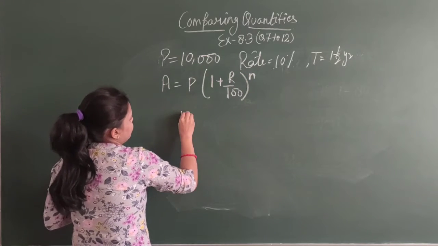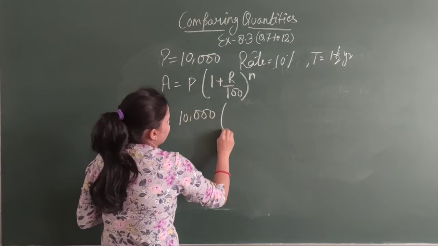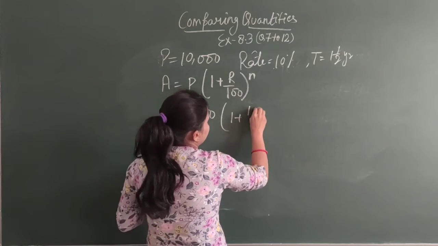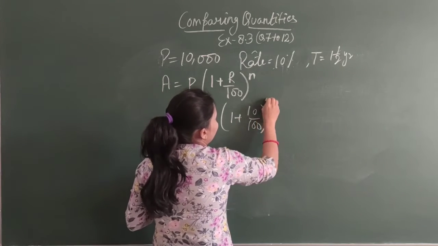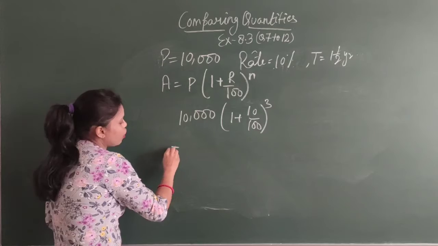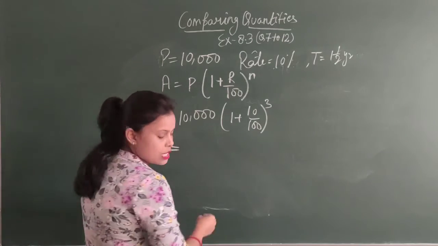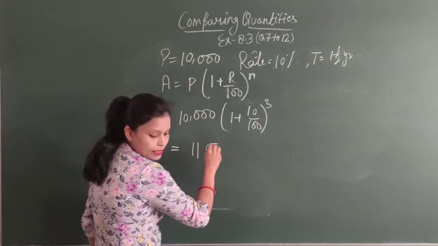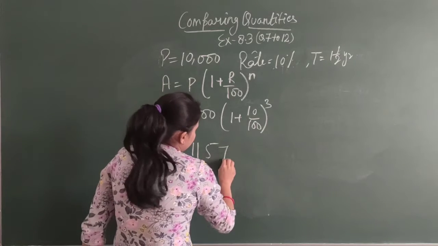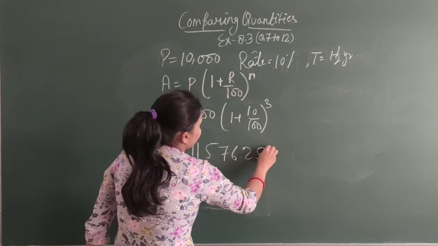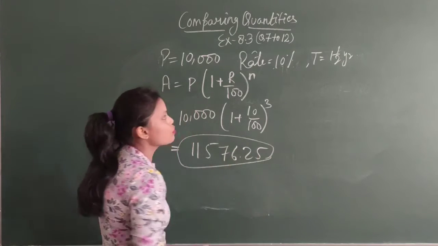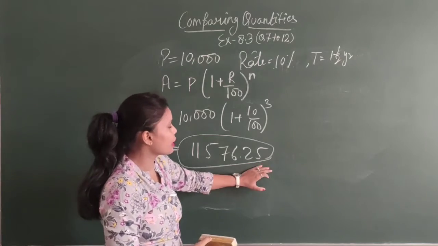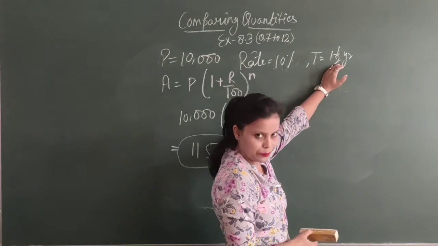P is 10,000, 1 plus 10 upon 100 to the power 3. So on solving this, we will get 11,576.25. So this is the amount which we will get after 1.5 year.